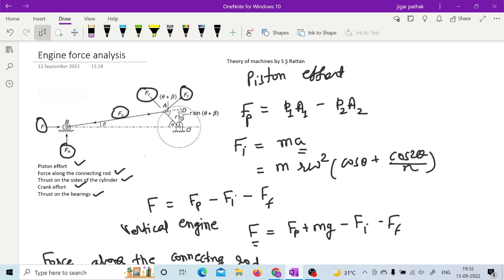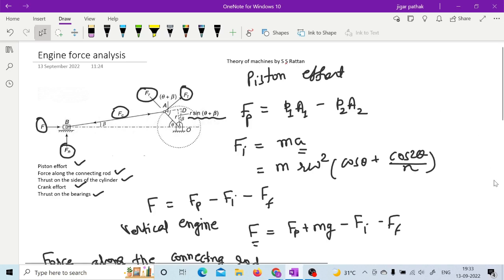Perpendicular distance from this Fc will be R sine theta plus beta, as it is mentioned here, right? So that is why Ft into R will be similar to Fc into R sine theta plus beta, because both are the turning moment, right? And turning moment will be the same whether we calculate it with this crank effort or with this force along the connecting rod.